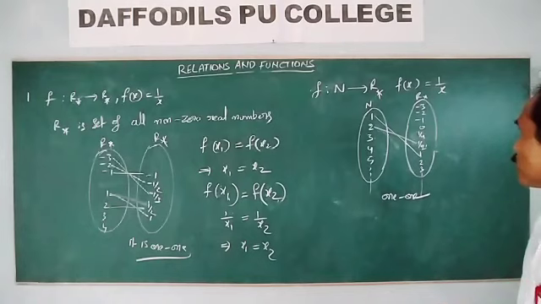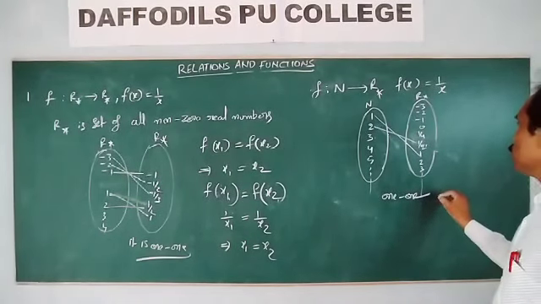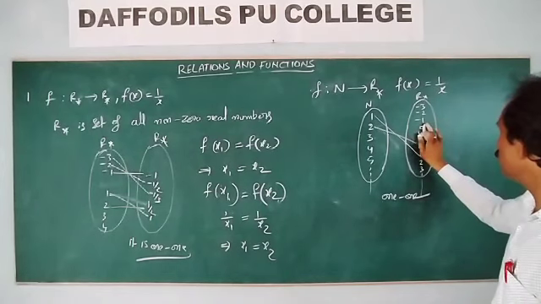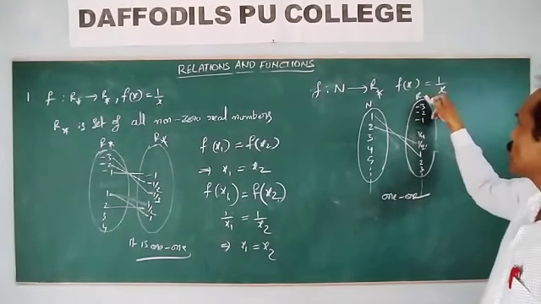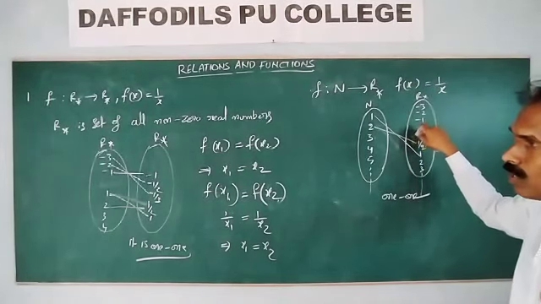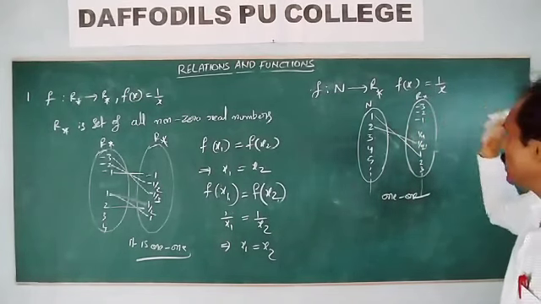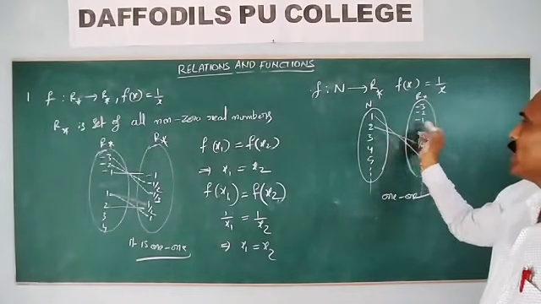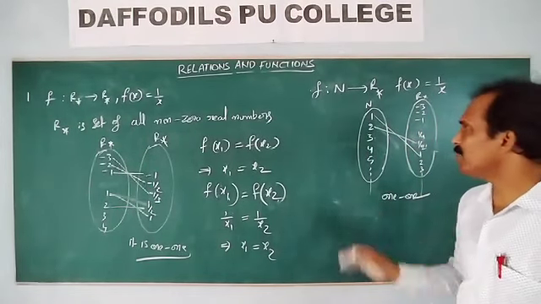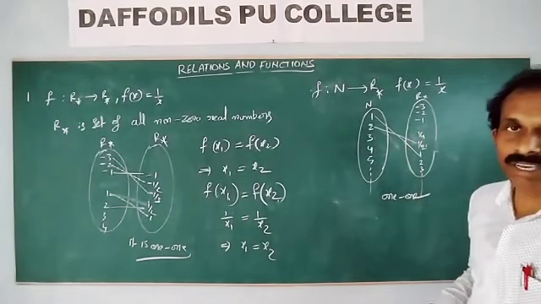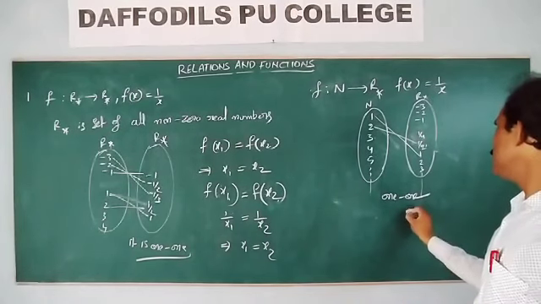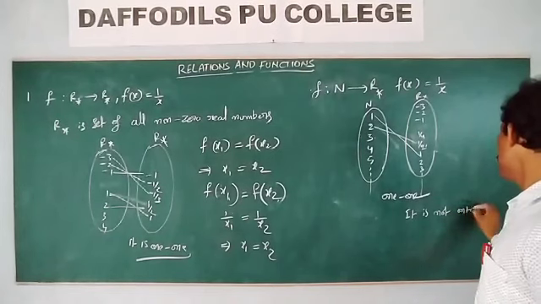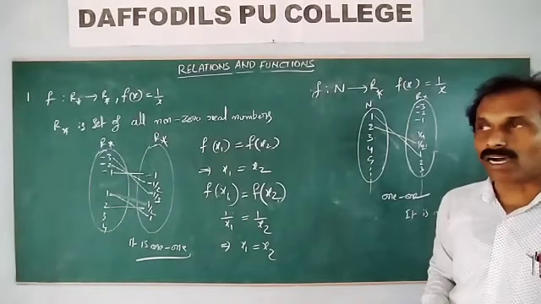Right. Onto means, for example, 0, don't take 0, because R star means non-zero real numbers. Suppose you take -1, then -1 has no pre-image in natural numbers, so it is not onto.